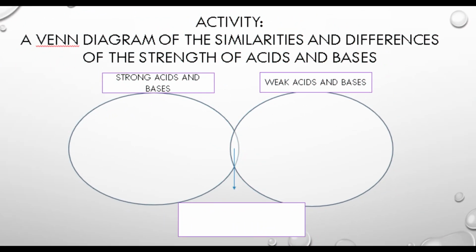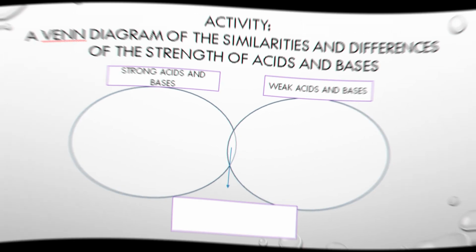In order for us to understand the topic, we have provided an activity for you, a Venn diagram of the similarities and differences of the strength of acids and bases.